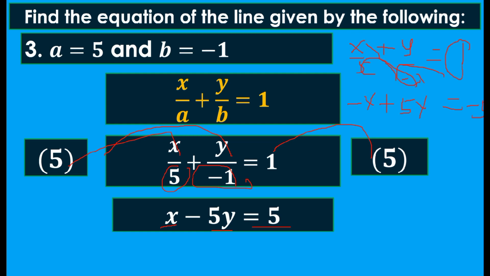But here, your x should be positive. So, multiply both sides by negative 1. So magiging x minus 5y is equal to 5. Okay?